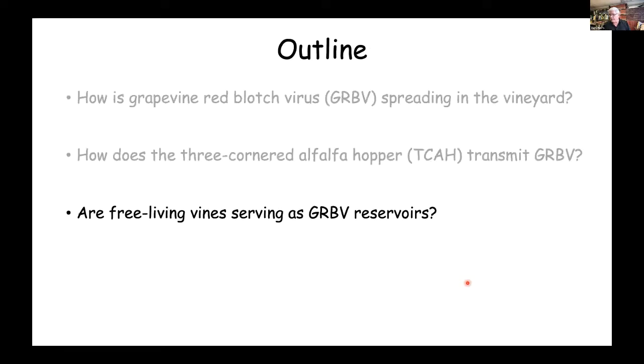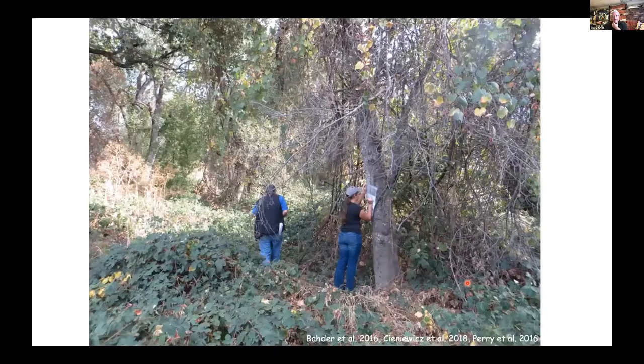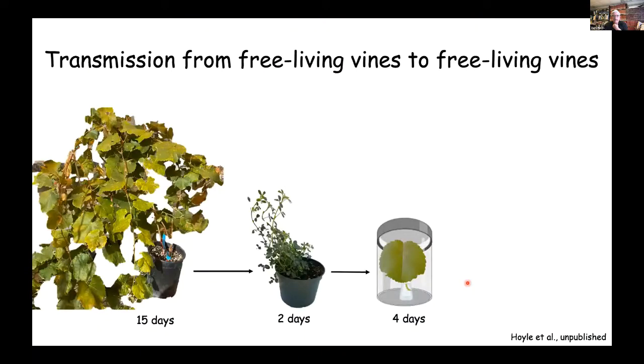So to wrap up very quickly, the last question I wanted to address: we know that free-living vines carry the virus, and some of these vines grow in riparian areas here. So the question was, if the virus is present in free-living vines, can the 3-cornered alfalfa hopper transmit it from an infected free-living vine into the leaves of wild vines?